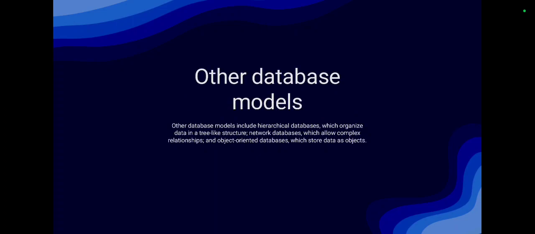There are also other database models. Apart from the relational and NoSQL databases, there are also three kinds of database: hierarchical, network, and object-oriented databases. A hierarchical database is nothing but data stored in a tree-like structure, as you know, in data structures we have read about tree structures.